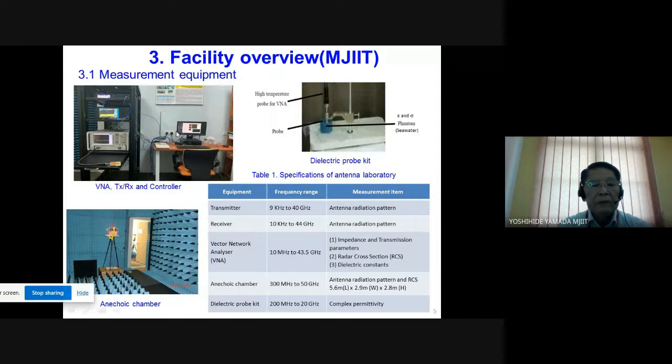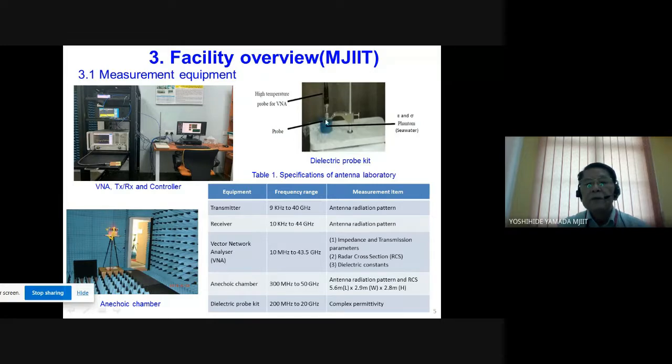And for the radar cross section, we also use this measurement equipment, and RCS data will be shown here. And this is inside an echo chamber. And this is dielectric measurement equipment.